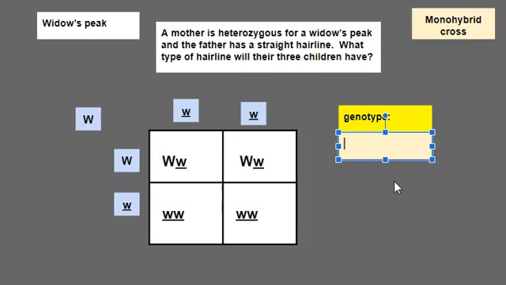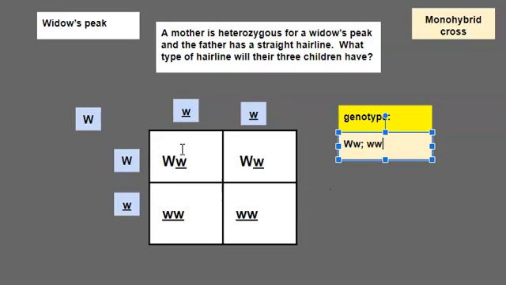So to figure this out, we have to first write the genotypes. Remember, those are the gene combinations we could have. So one gene combination is big W, little w, and the other is little w, little w.